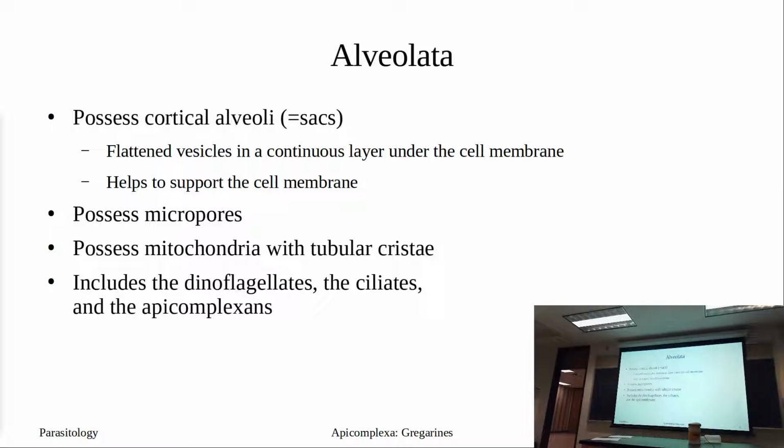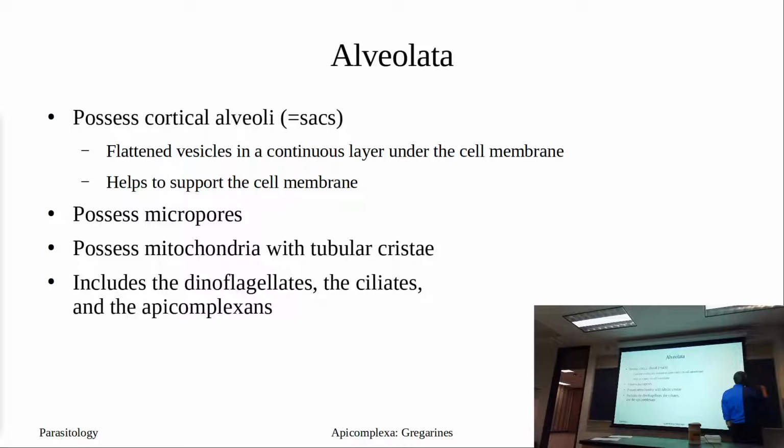Right? It's above the phyla level. And this group is named because they have cortical sacs, cortical alveoli, hence the name alveolata. What are these things? Well, you would typically think of these sacs as saccular, sitting under our membrane.